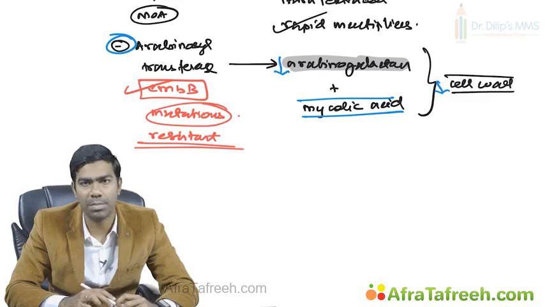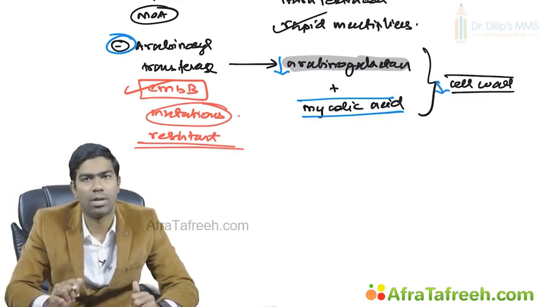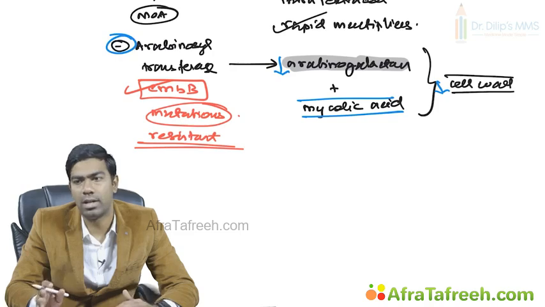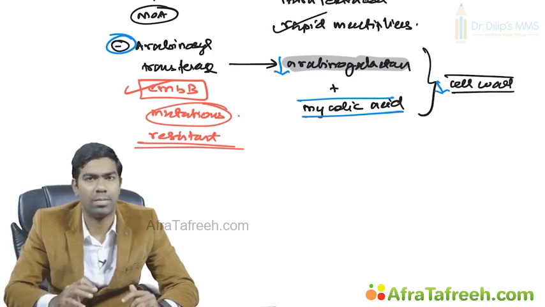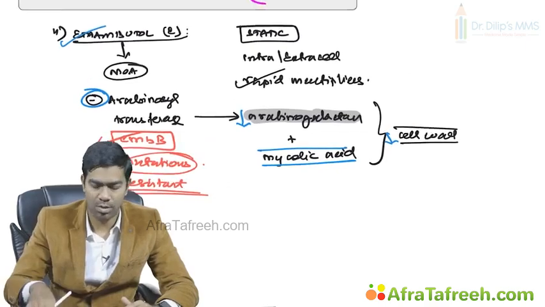Clear? The mutation in the EMBB gene, that's what I remember. So we have seen KatG gene and INHA for our isoniazid, then RPOB gene for rifampicin, then PNCA for pyrazinamide, and now we are seeing EMBB gene for this ethambutol. Clear? So this is very important to understand.